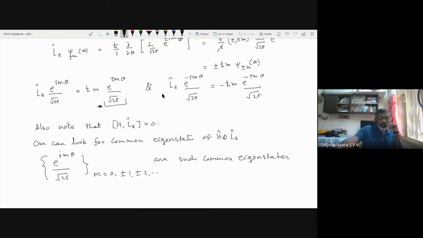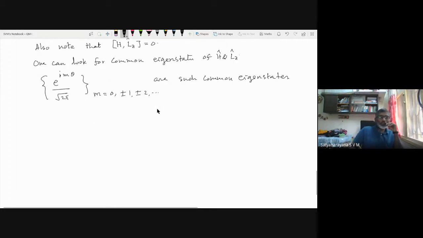Please understand that when I write psi m, this is this function: psi m of theta.